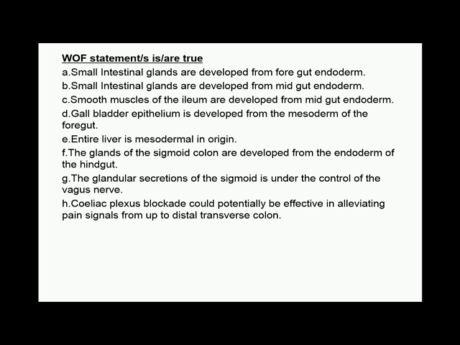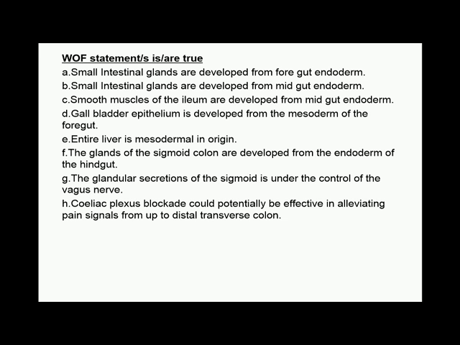Entire liver is mesodermal in origin. Yes? No. Because the liver parenchymal tissue is developed from the endoderm. So the liver parenchymal cells, the cords in histology, all those cells are developed from the endoderm, and then the other connective tissue is developed from the mesoderm.